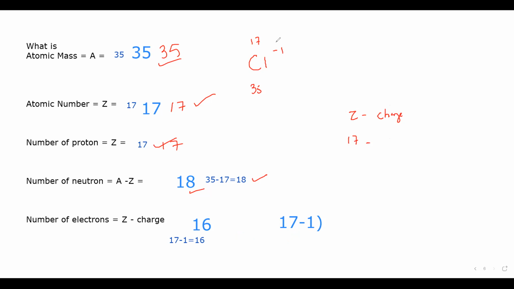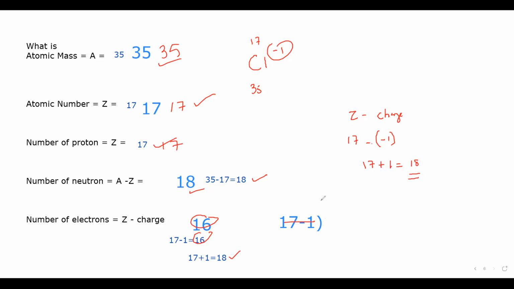What is the charge? The charge is -1. Because it is -1, I have to put it in a bracket so that minus minus will be plus. So 17 plus 1 is equal to 18. So actually this is not 16 electrons, it will have 18 electrons.